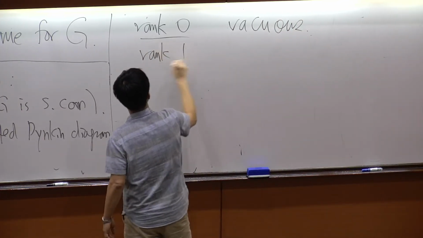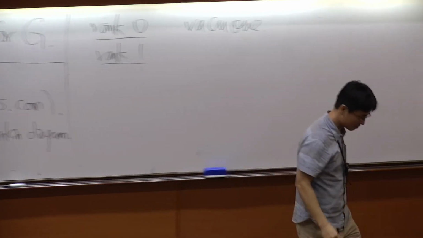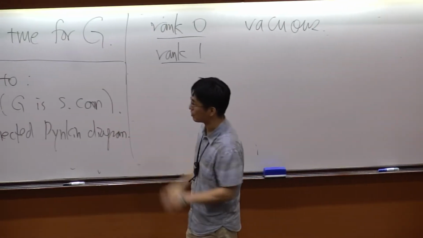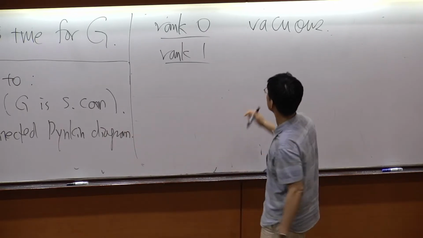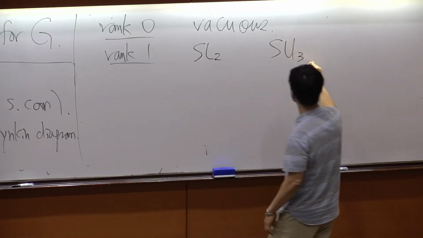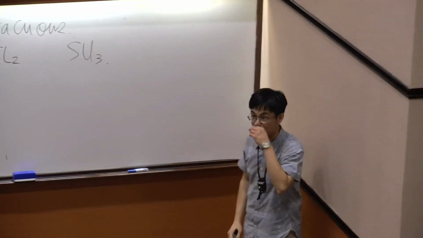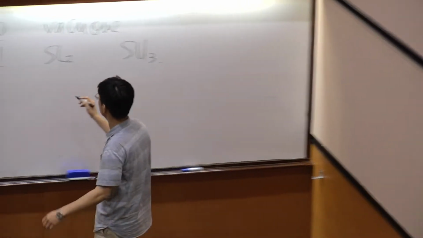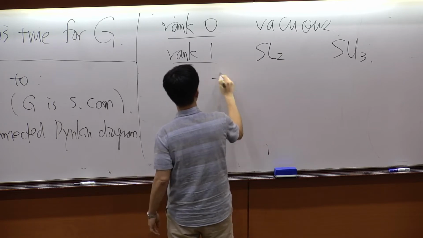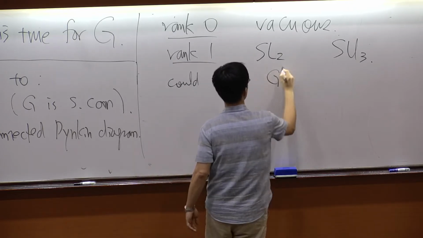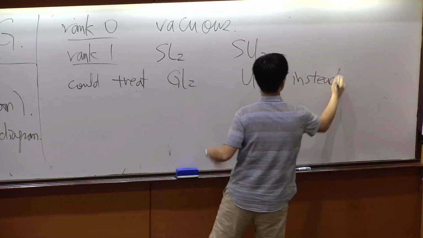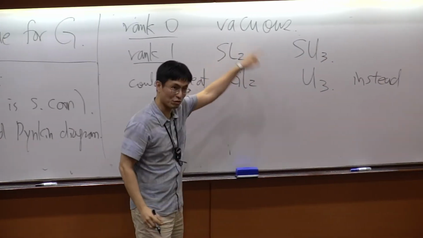For rank 1, if I didn't make a mistake, quasi-split rank 1 groups are either SL2 or SU3. You could treat instead GL2 or U3 if you like; it's easy to go from GL2 to SL2 and U3 to SU3.